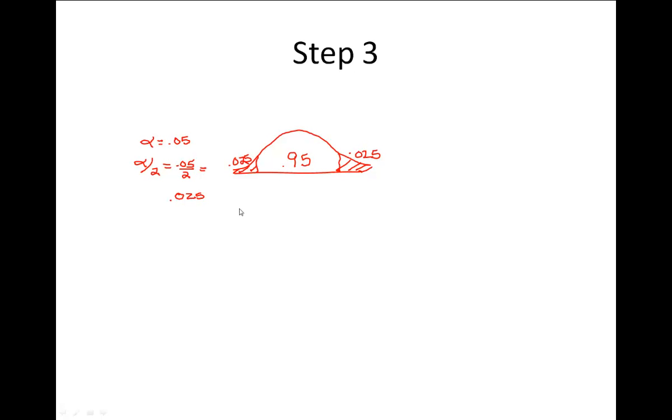So we can use our table to look up 0.025, and that will give us a z-score that corresponds to having 0.025 to the left of 1.96.